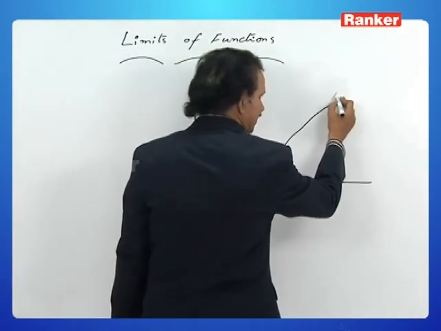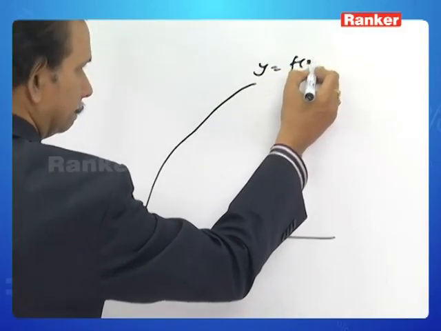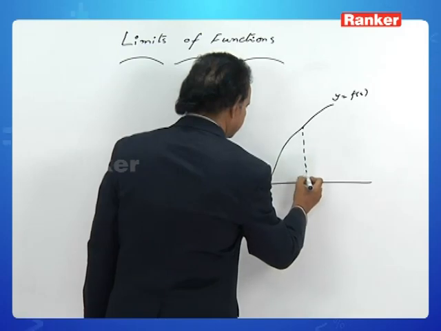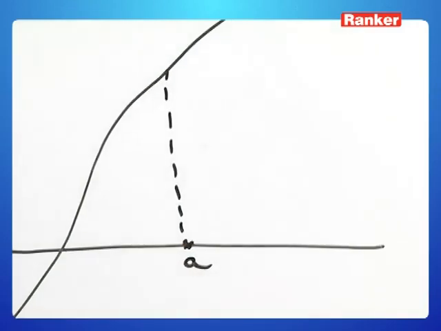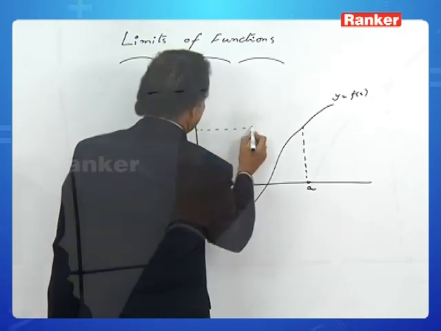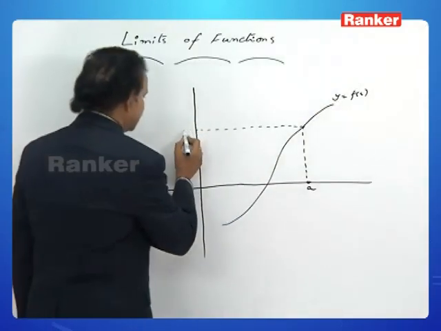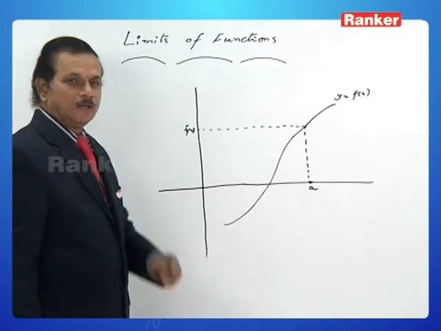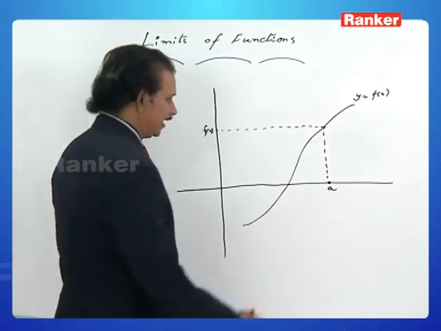Let this be a function, say y = f(x). Let this be a. Then what will be f(a)? This is f(a). Let us represent a neighborhood around a like this.